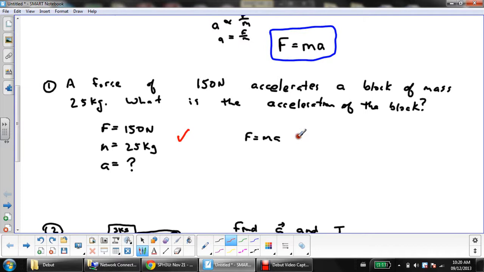The formula, F equals ma, check. One mark for the plug-in. I'll rearrange first. a is F over m, which is 150 over 25, which is 6 meters per second squared. There's the formula in action.